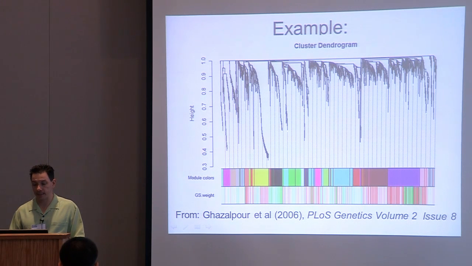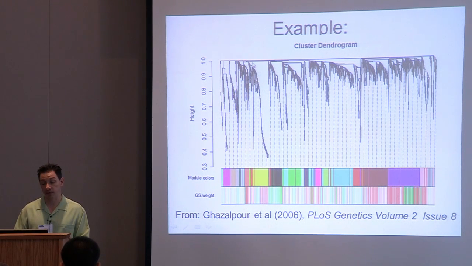And these are mouse gene expression data from Jake Lucis's lab. And you see these branches in the tree. And as Peter reviewed, each branch is a module, it's a cluster. And so the challenge here is to cut the branches.